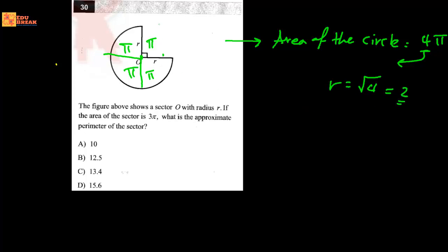Okay, how can we find the perimeter of the sector? We will add 2 for this radius plus 2 plus the curved part of the circle.